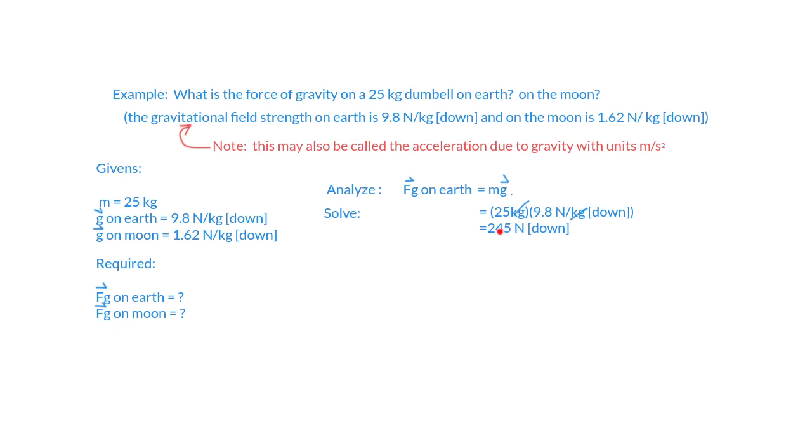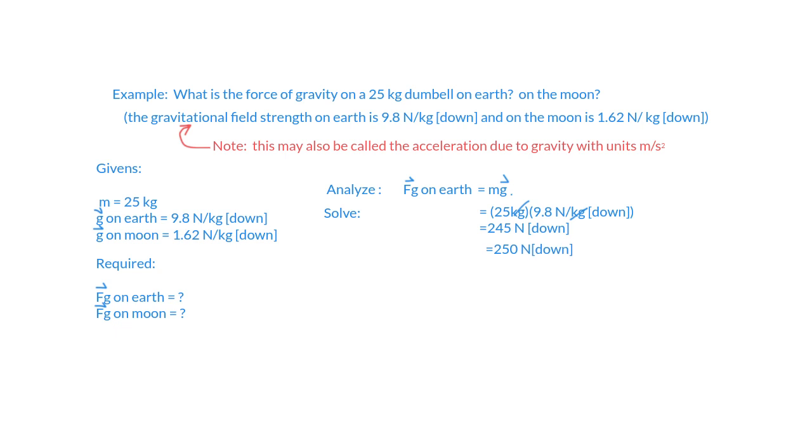The 2, then I'll just keep this second digit here. Because there's a 5 next, it's going to round up and it will actually be 250. My final answer. And then I've got my force of gravity for Earth.